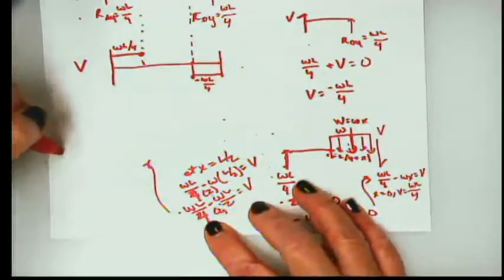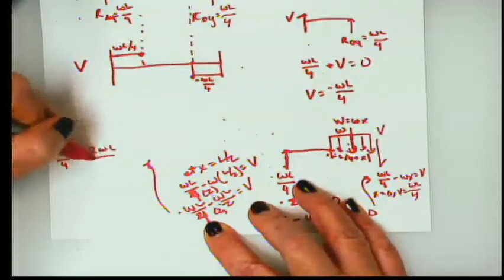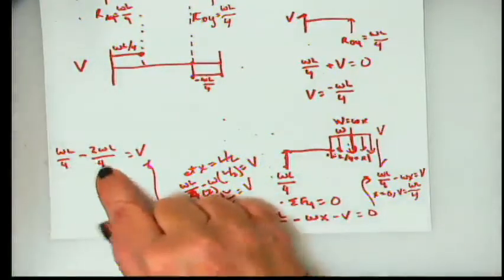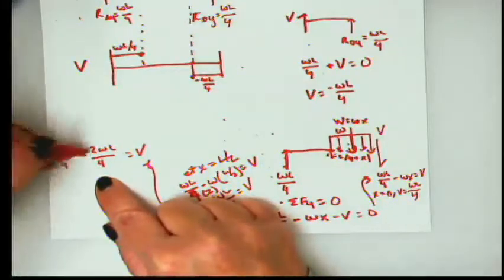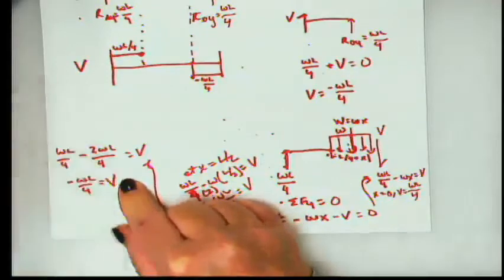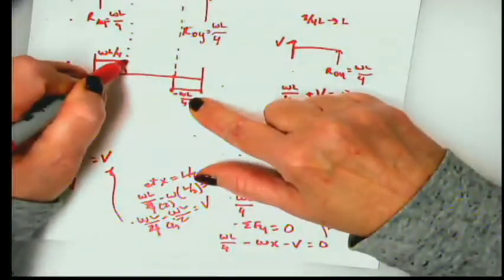I'm going to have to write that out, I'm sorry, this is messy. So I get WL over 4 minus 2WL over 4 equals V. And if I look at this, 1 WL over 4 minus 2 WL over 4 is negative WL over 4, is equal to V. So that means that here it's exactly equal to that point.